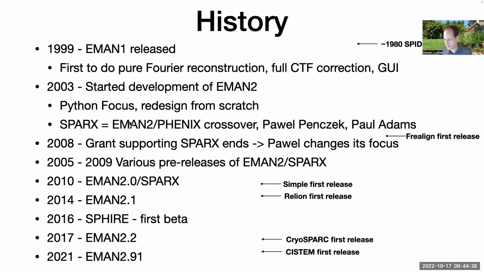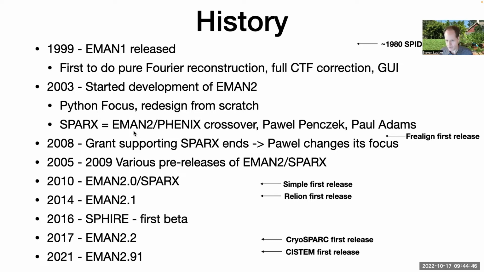So this is sort of a timeline where things fit in. There was a project briefly. You may notice that Eman is distributed with something called Sparks and something else called Spire. Sparks was originally a collaboration between Paul Adams, Pawel Penczek, and my group.